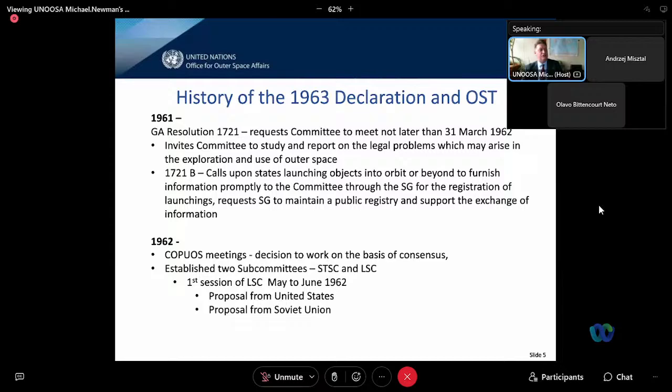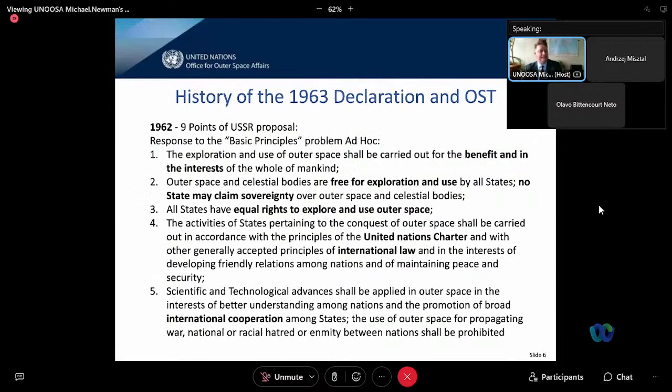Well, let's start with the 1962 Soviet Union proposal. And this was in response essentially to the basic principles problem identified in the ad hoc committee.